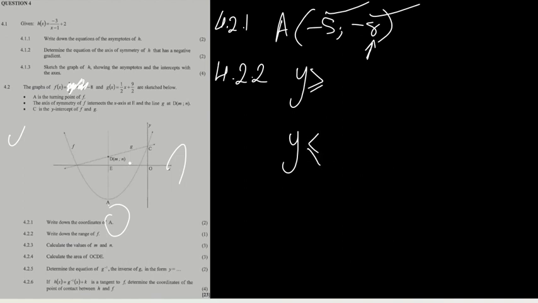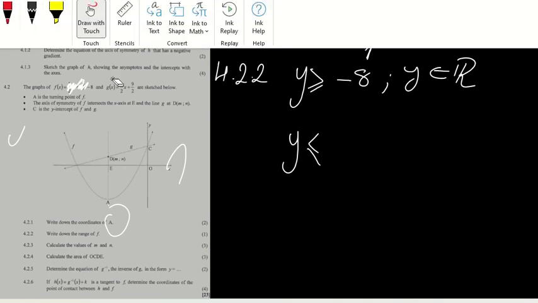But because it's concave up, just say y greater or equal to. Then you go straight to the y coordinate of the turning point. You say -8, such that y is in real numbers. You are done expressing the range.